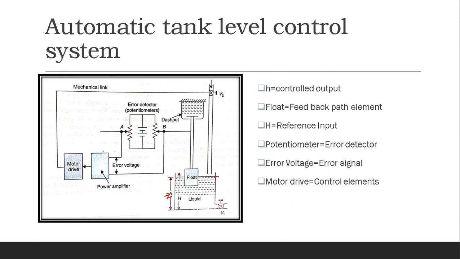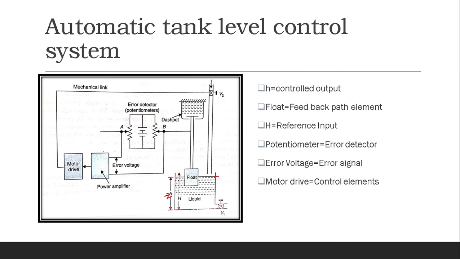If the potentiometer is at this point, the level of water will be H only. So we have to maintain the position of B in such a way that this tank will be full. If the position of B is different, the level of the container will be different.